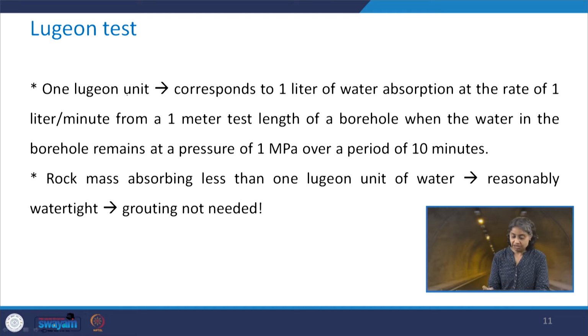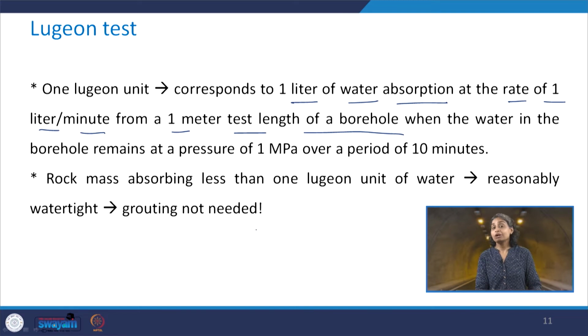So 1 Lugeon unit corresponds to 1 liter of water absorption at a rate of 1 liter per minute from a 1 meter test length of the borehole, when the water in the borehole remains at a pressure of 1 megapascal over a period of 10 minutes. So you see everywhere you have 1 except for this time which is 10 minutes. So please keep this definition in mind.